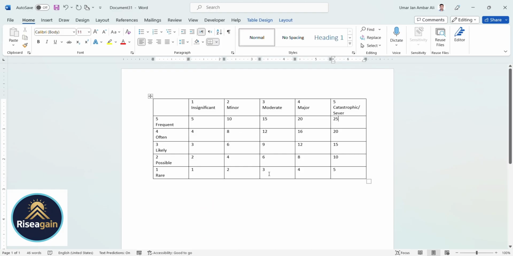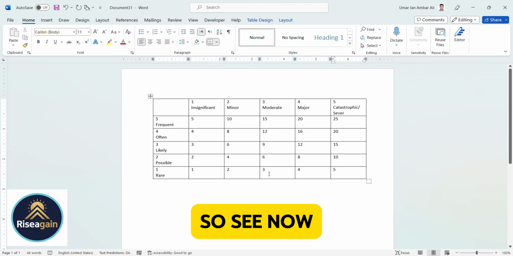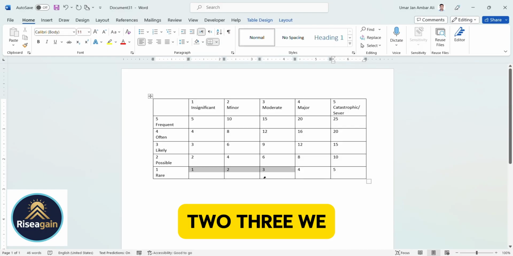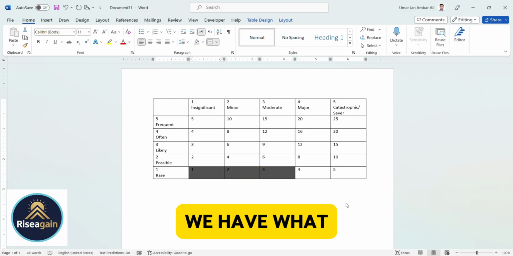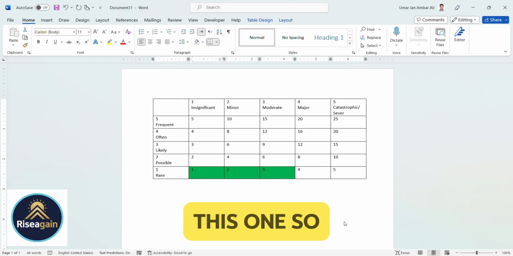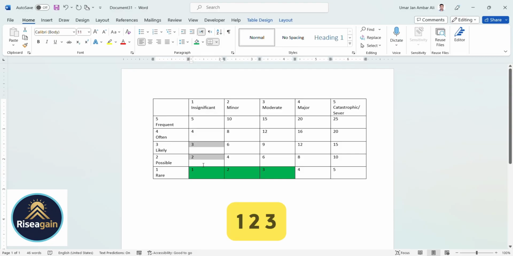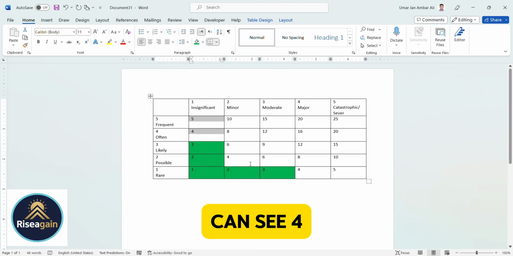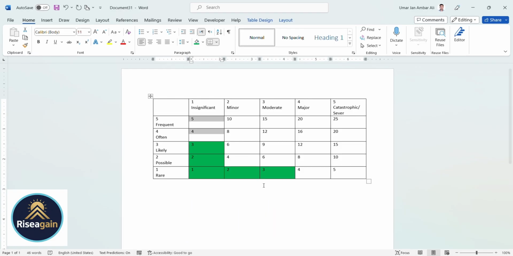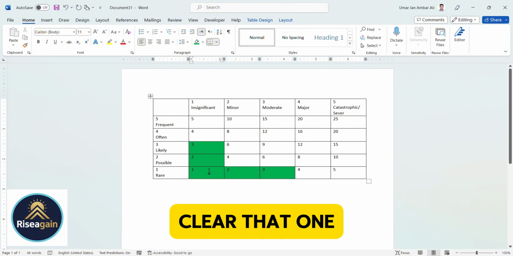25. Okay, so see, now we have 1, 2, 3. We have green. Okay, where is the color? So 1, 2, 3 is the same. Then 4 and 5, first of all let me also clear that one with you.